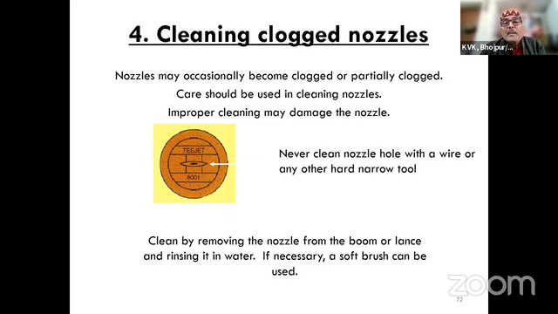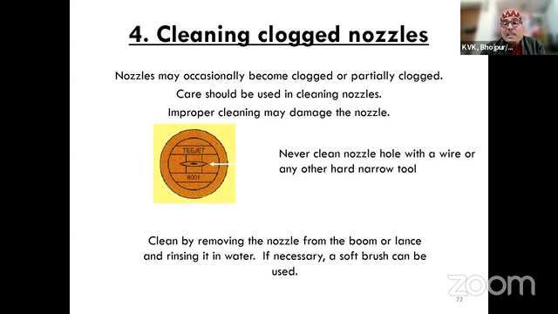Cleaning a clogged nozzle. Nozzles may sometimes become clogged or partially clogged. Care should be used in cleaning the nozzle. Improper cleaning may damage the nozzle. Never clean the nozzle hole with a wire or any other hard, narrow tools. Clean by removing the nozzle from the boom or lance and rinsing it in water. If necessary, a soft brush can be used.